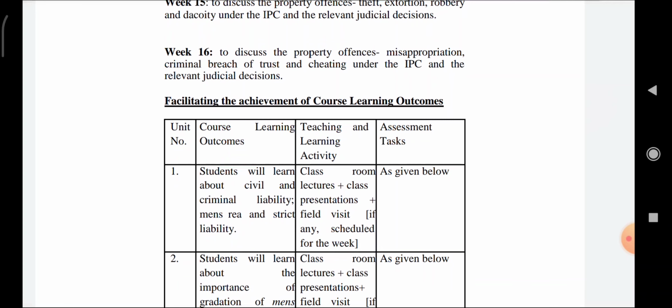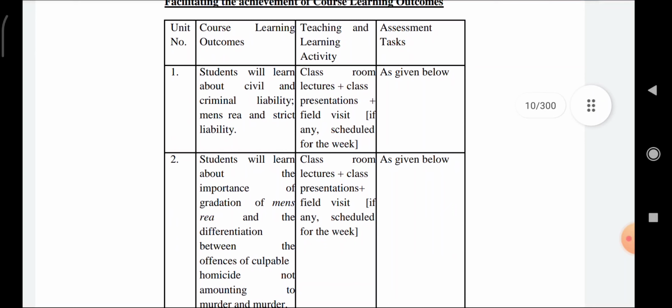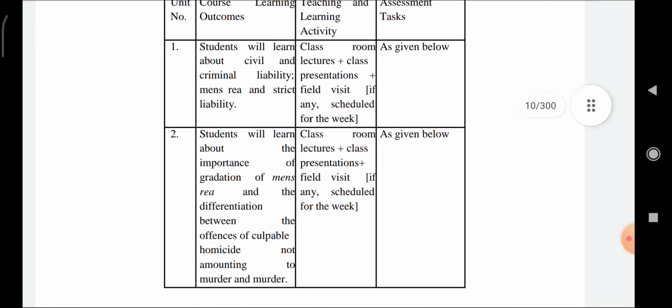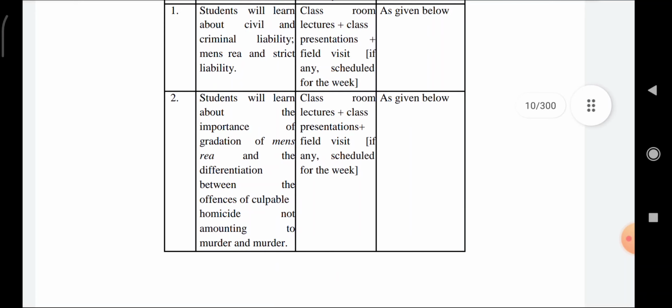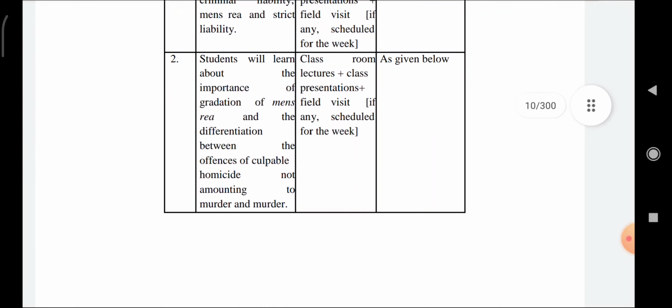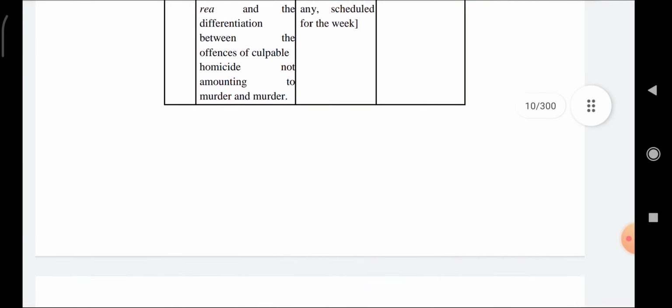Okay, unit 1. From unit 1, students will learn about civil and criminal liability, mens rea and state liability. From unit 2, students will learn about the importance of the gradation of mens rea and the differentiation between the offenses of culpable homicide and culpable homicide not amounting to murder.